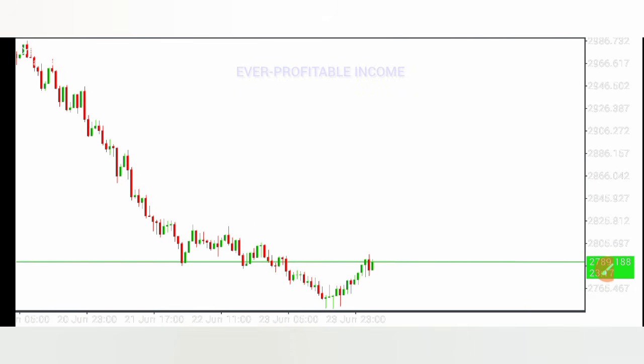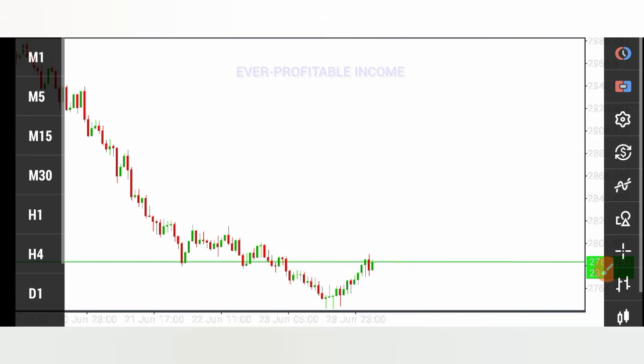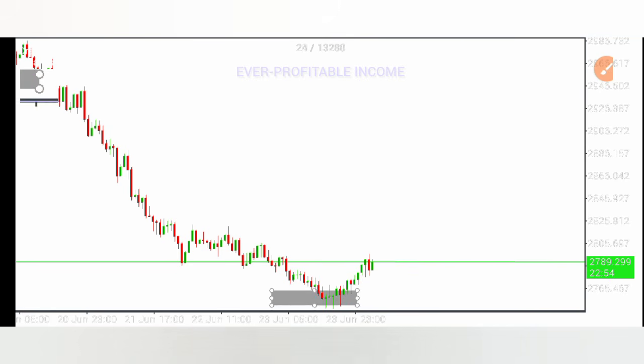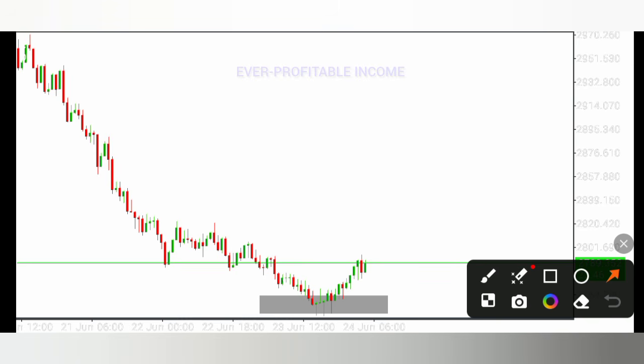Can you see that? Looking at this place, you see that price has reached a support zone initially and it has changed its direction to becoming bullish. So you can see that price hit a support zone right here. When price hit that support zone, it changed from being bearish.